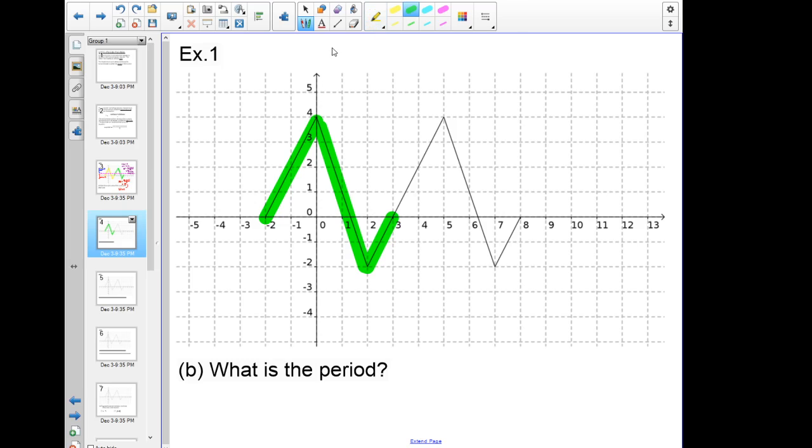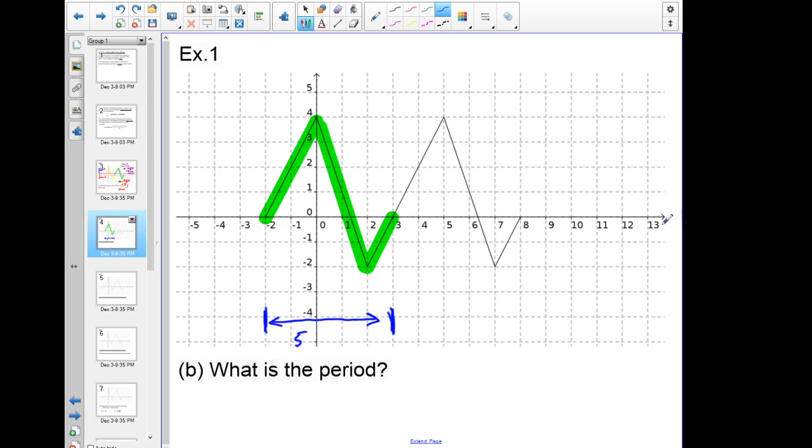And now we ask ourselves, well, what is the period in this case? And the period is the horizontal length of one cycle. So we started here at -2, and we started repeating again at 3, so you can just do the math there, or you can get it from your graph. And you can see that in this case, we've got 5.